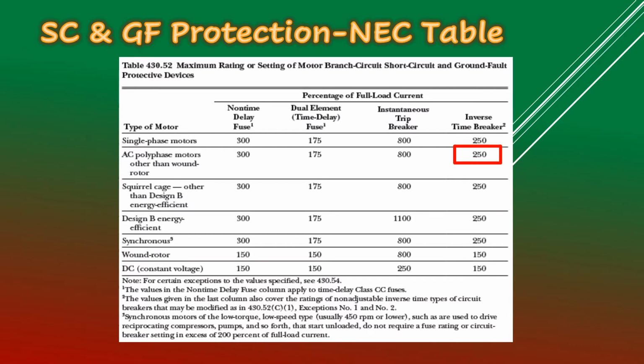In this case, since our motor is a polyphase or three-phase motor and is not a wound rotor type, this is an induction motor, so we have to use an inverse time circuit breaker. The factor is 250%.